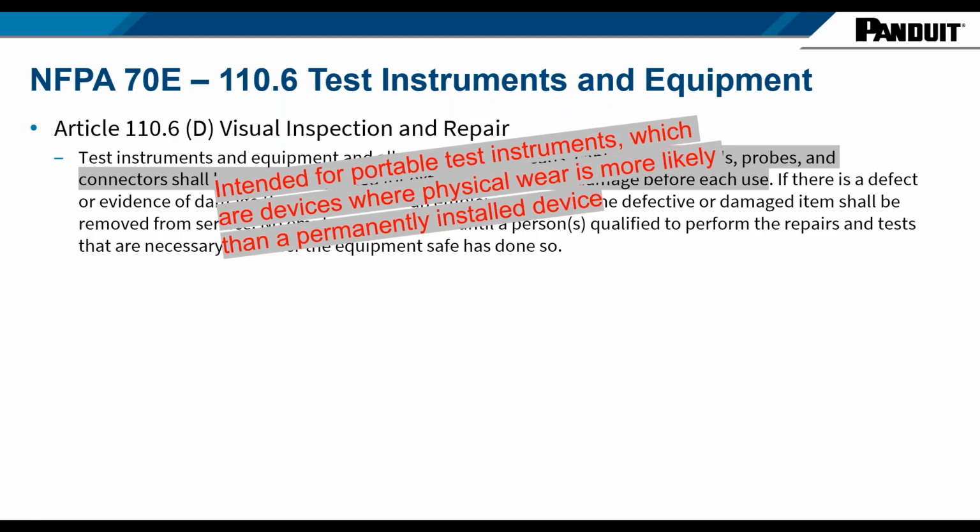And as you're using these wear items or moving them around and they're getting abrasions and so on, they could eventually wear to the point where they are causing a hazard themselves. But with permanently mounted devices, they are in the cabinet, they're permanently terminated, and they don't have the same wear and therefore don't have the same needs for visual inspection and repair like a test instrument would.